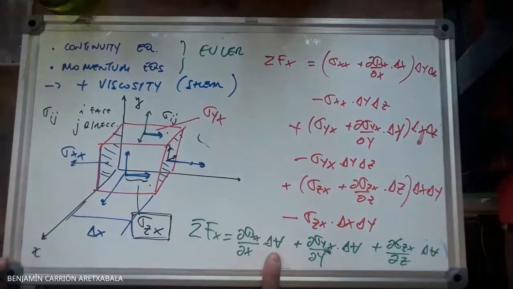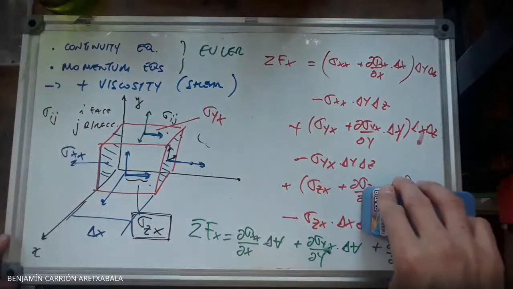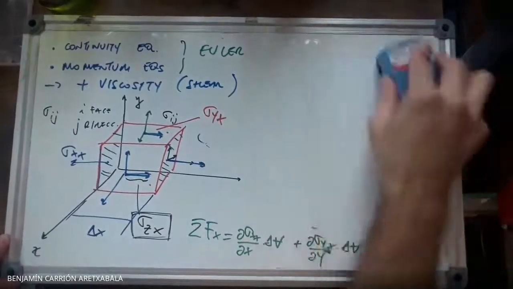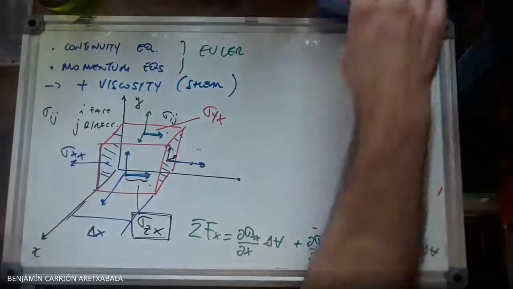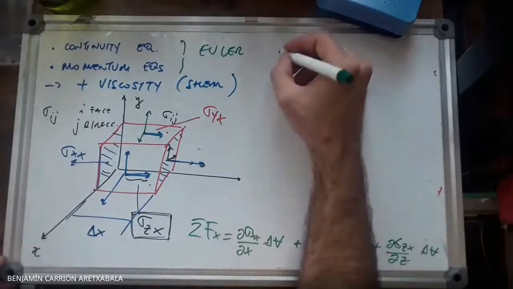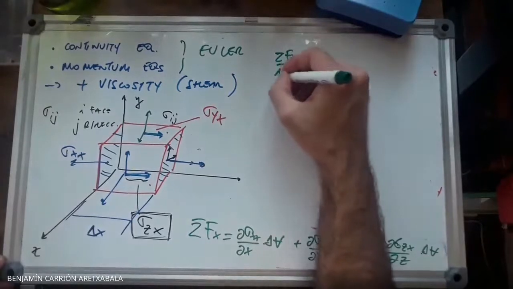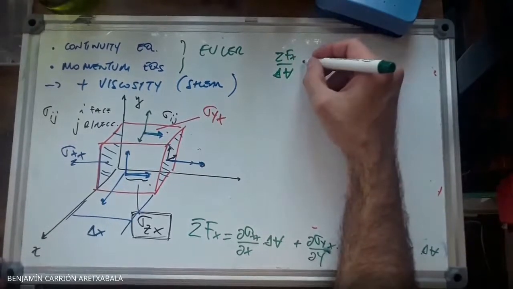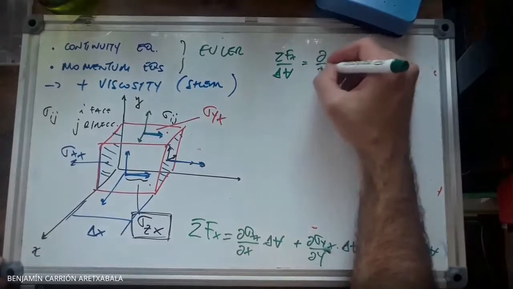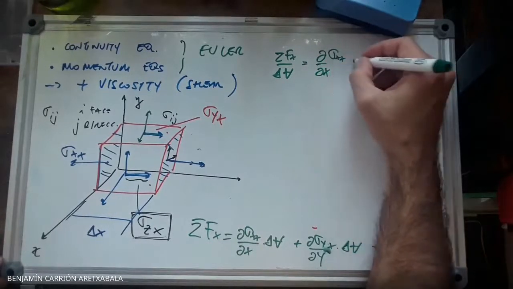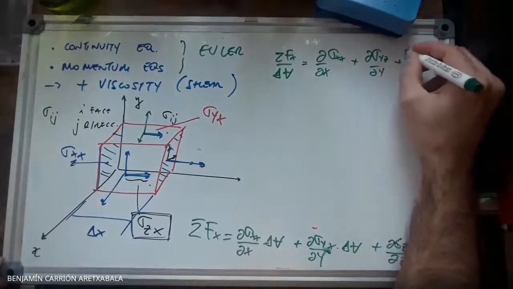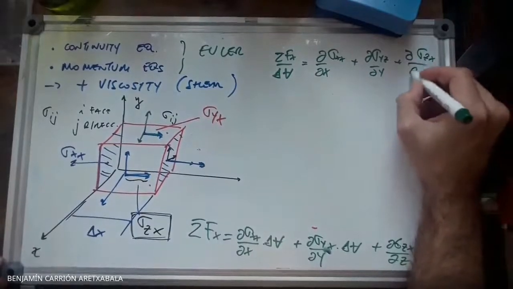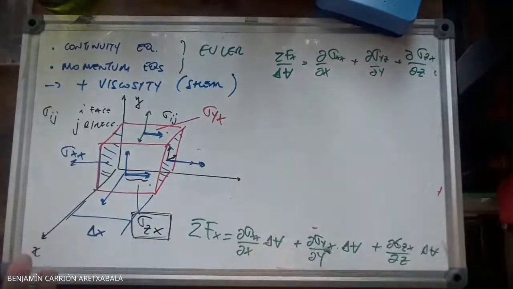Of course, you can move the volume over, and basically what you get is that the sum of forces on x divided by the delta volume is nothing more than the gradient of sigma xx plus the gradient of sigma yx on y plus the gradient of sigma zx on z, and you get the same ideas on y and z.